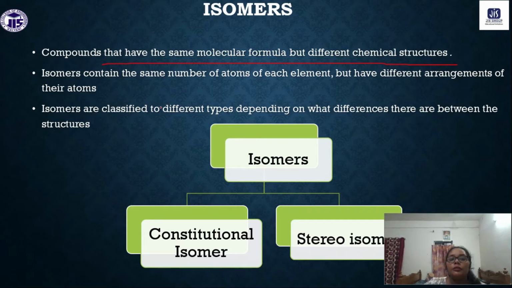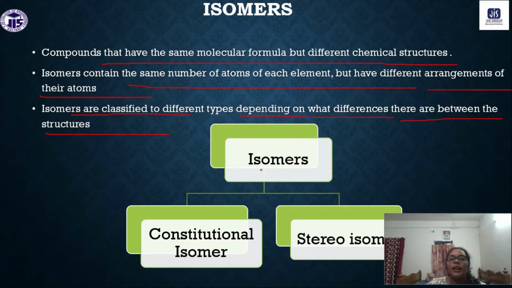Isomers contain the same number of atoms of each element, but have different arrangements of their atoms. Isomers are classified into different types depending on what differences there are between the structures.